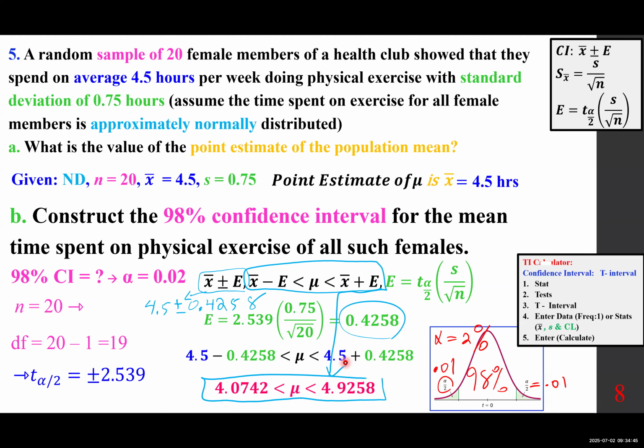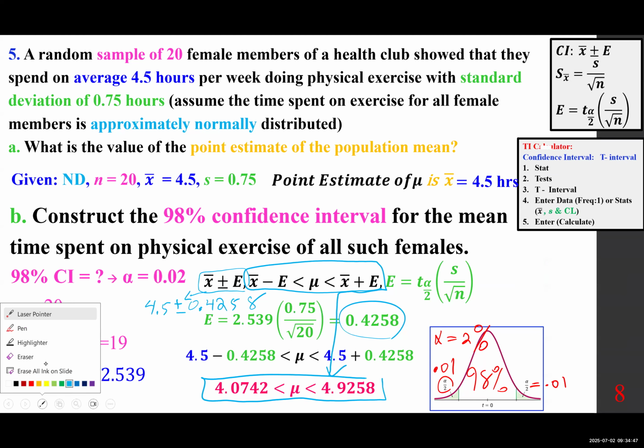As far as technology is concerned, to find the confidence interval, you go to stat, test, t-interval, enter data or stats, because sometimes they may give you data and that means you have to calculate the X bar, S, and so forth.